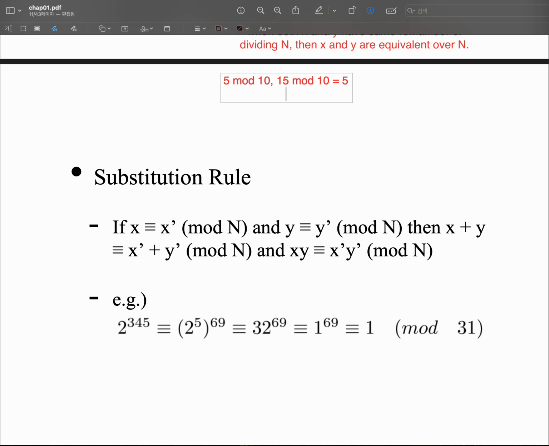And maybe 2 mod 10 and 12 mod 10, that is 2. It's the same. Then when we think about 5 times 2 mod 10 and 15 times 12 mod 10, both have the same value, 0.